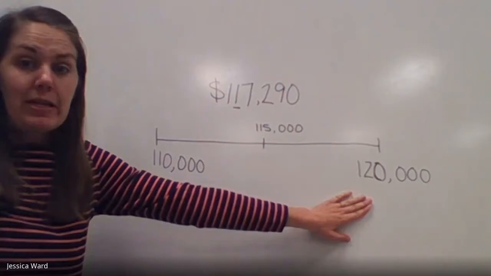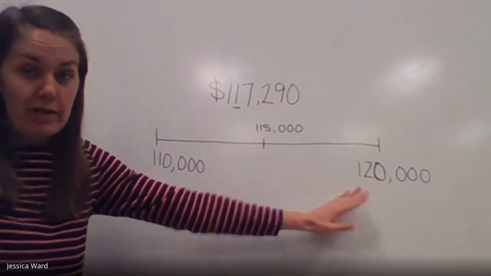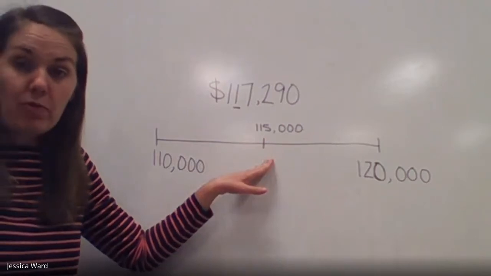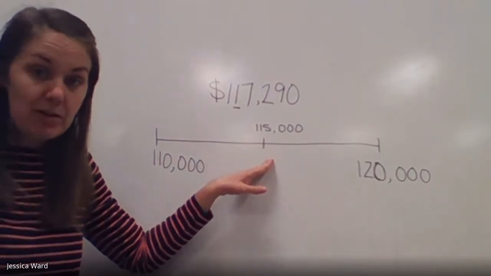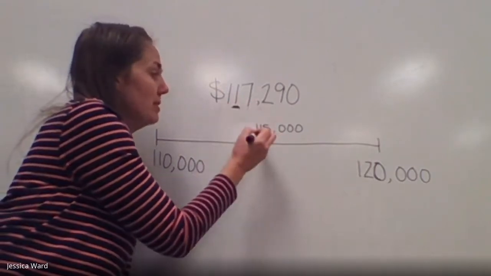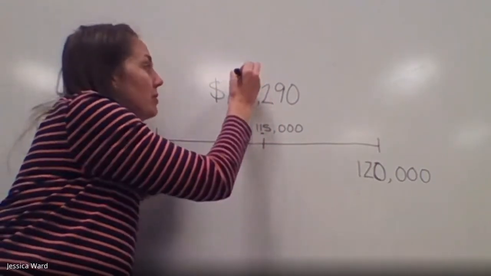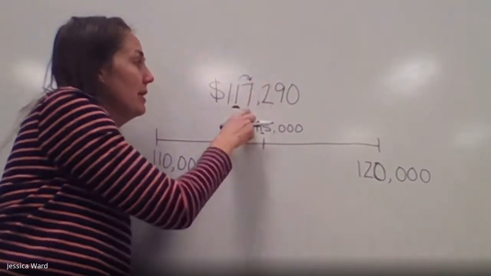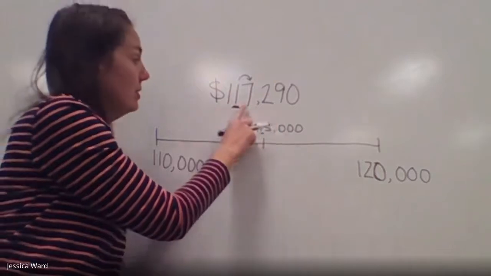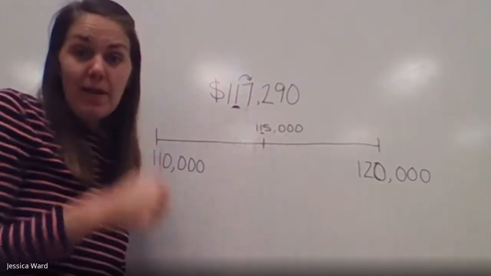And now we're going to see if our number for Tanaka Toys is more or less than our midway point, 115,000. So again, here is my 10,000 place value. I'm going to look to the number next to it and see if this number is more or less than 5. 7 is more than 5.